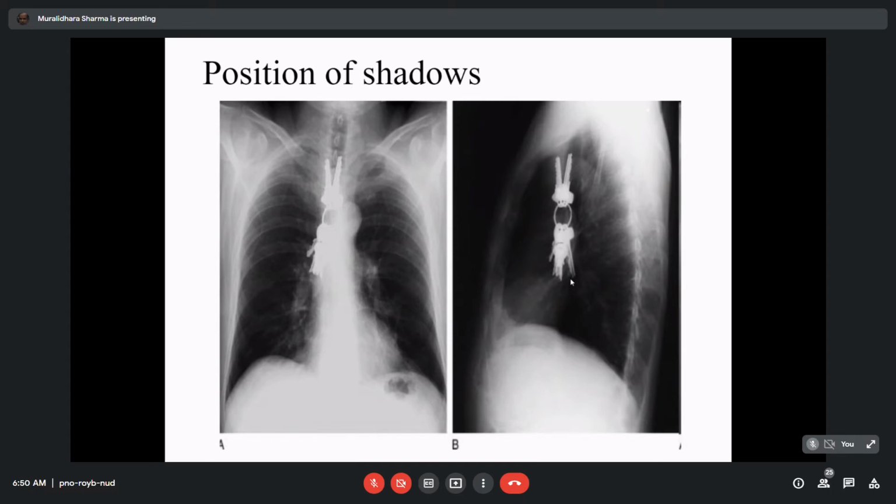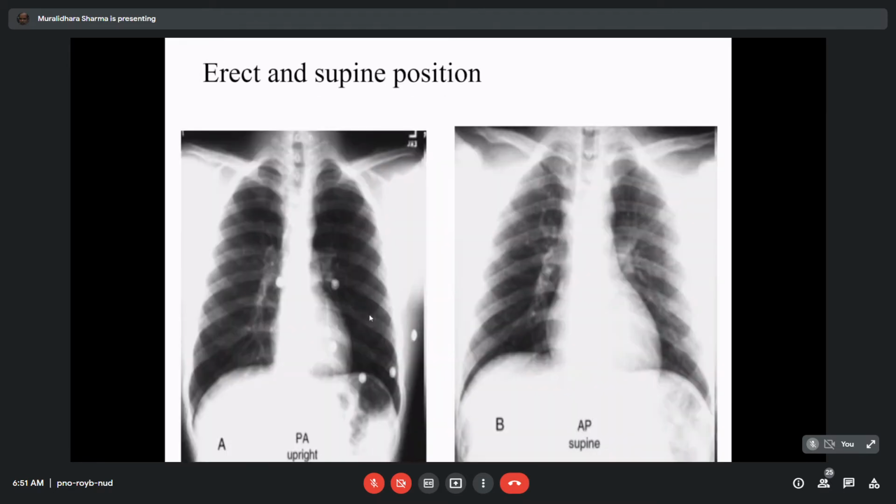That kind of position is not possible, and we know that it was placed over the cassette. So when you interpret the shadows, there is a limitation. There is always a possibility of some errors, and hence many times you will need more images, more views to confirm the position.